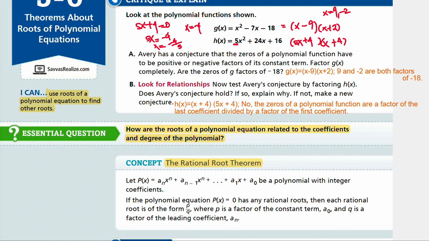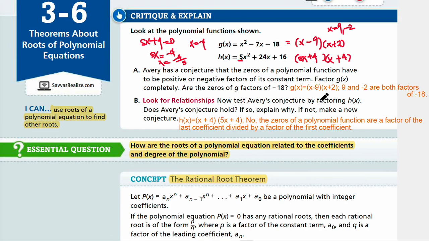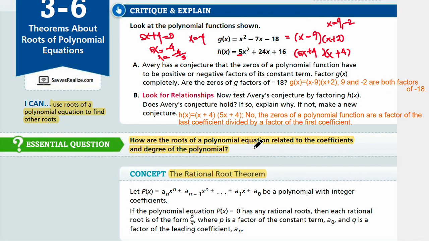then each rational root is of the form p over q, where p is a factor of the constant term a sub 0, and q is a factor of the leading coefficient a sub n, which is what we just figured out from critique and explain. I don't need to explain further because we already looked at how we got to this conclusion.